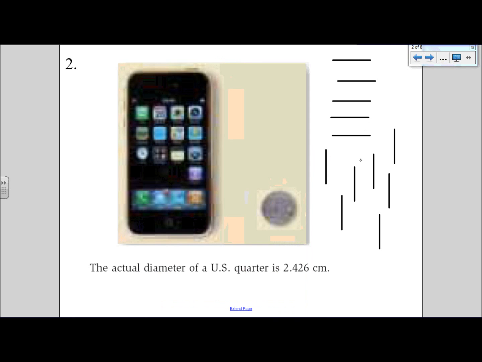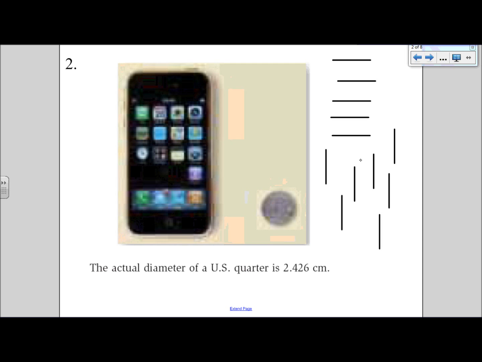For example, here's an old picture of an iPhone, and then we have a quarter in the bottom right. And again, this is in your book on page 164, it looks like. So you can try it in there, or you can try it on the screen. What I want you to do is read number 2, and it says that when a camera lens is positioned perpendicular to the plane containing an object, the object and its recorded images are similar.